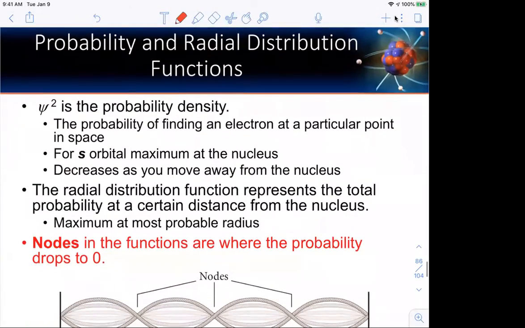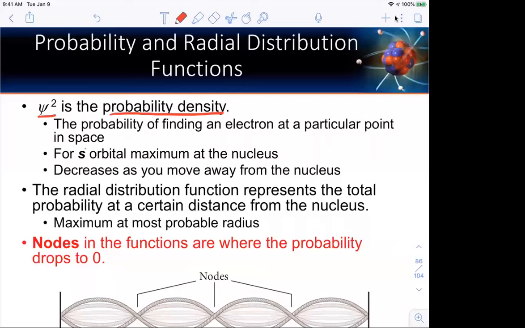Okay, this gets a little tricky, and this is sort of out there a little bit. We're just going to talk about it a little bit so I can say that I did it. Remember, this psi squared is the probability density, the probability of finding an electron at a particular point in space.